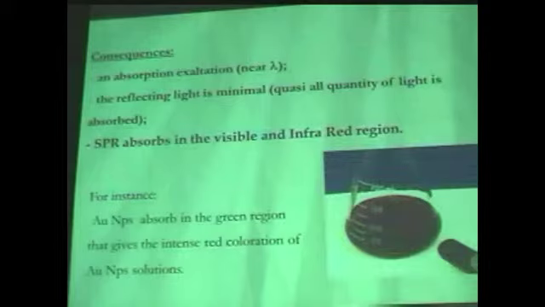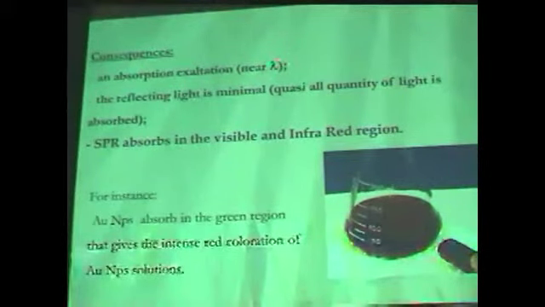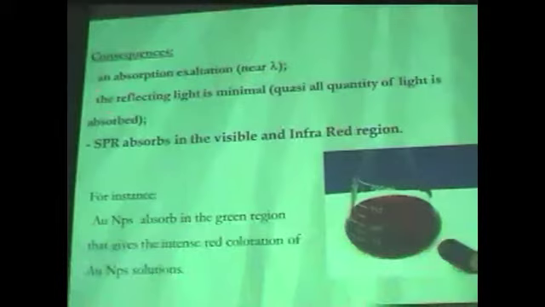As a consequence, we obtain an absorption excitation near this wavelength. We also obtain the reflected light, which is minimal; quasi all the quantity of light is now absorbed by the particles, and the surface plasmon resonance is absorbed in the visible and infrared region.